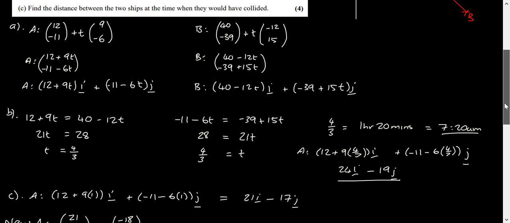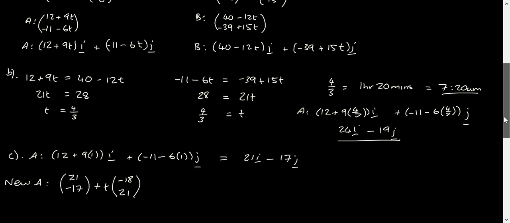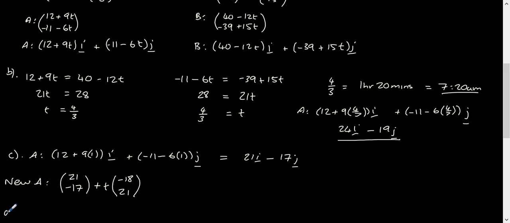So then we're asked, find the distance between the two ships at the time they would have collided. So then we need to work out, at 7:20 a.m., where is A? Well, A is going to be 21i minus 17j plus 1/3 of minus 18i plus 21j.